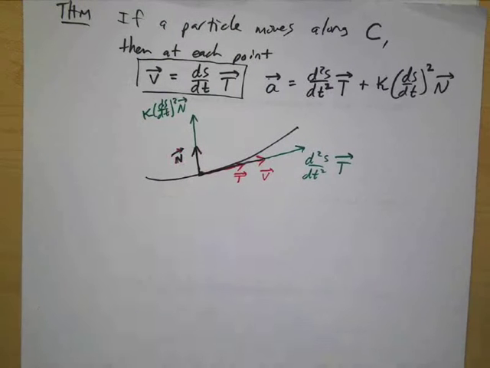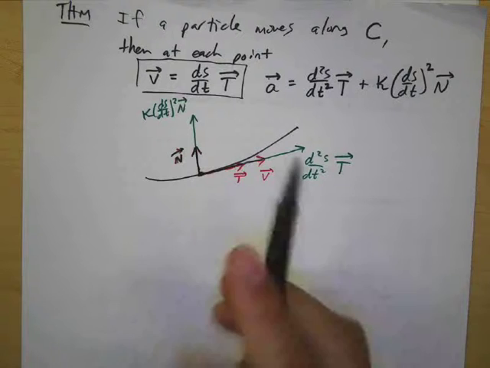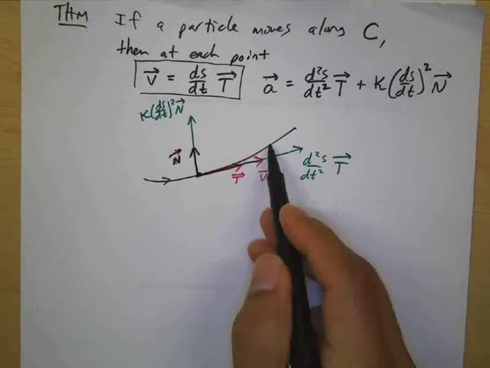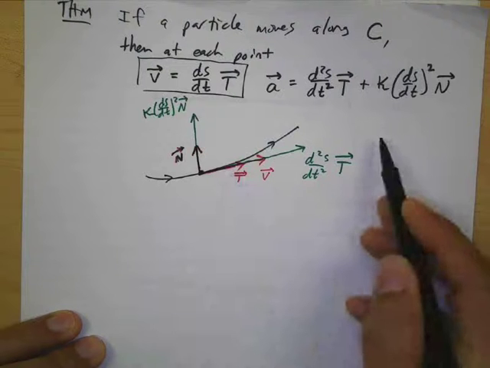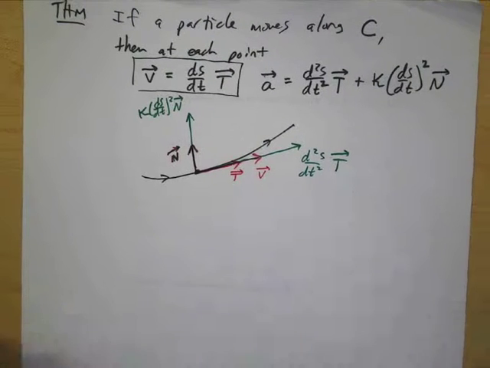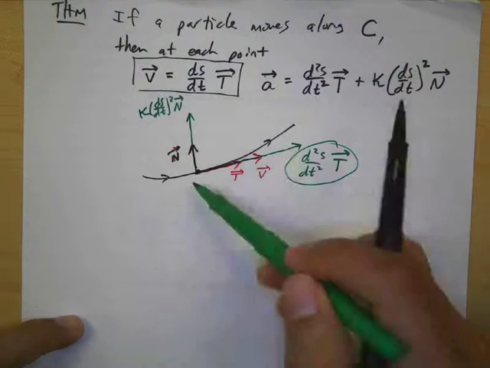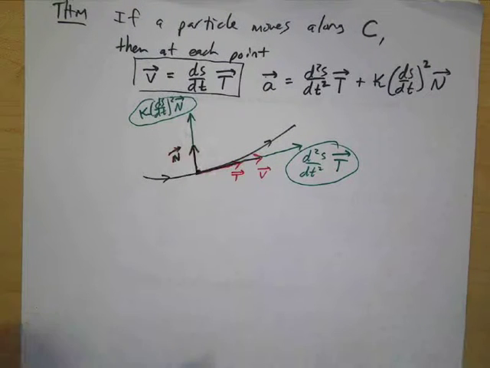Okay, so if we're cruising along a curve in this direction, at any given point we have a tangential component of acceleration, this green one here, which is written as this, and we have a normal component of acceleration, which is written like that.